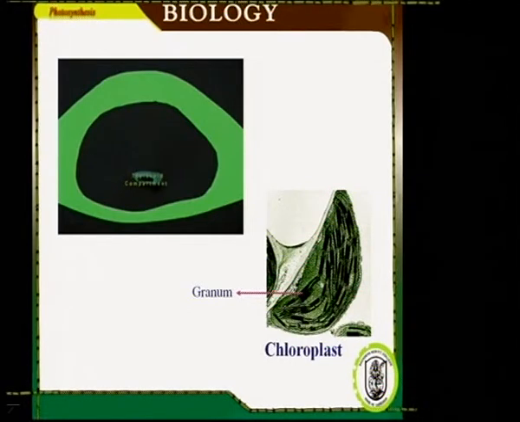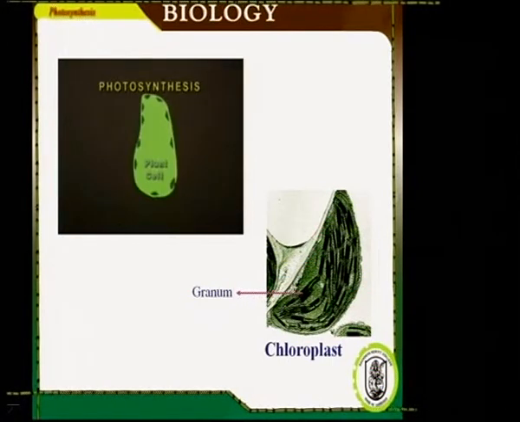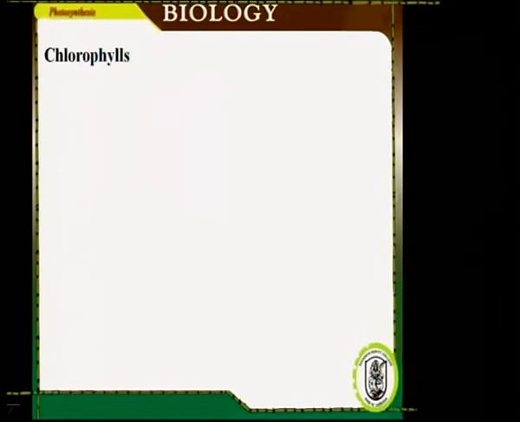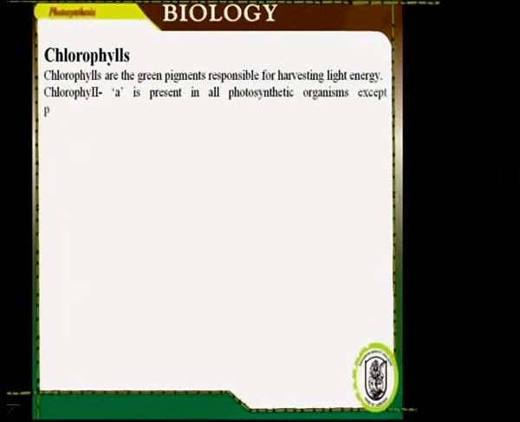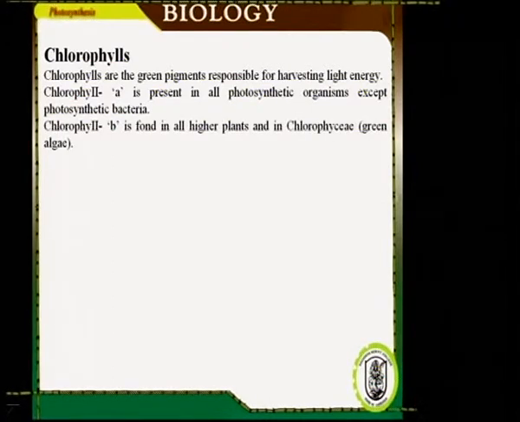The chloroplast has pigments called chlorophyll and carotenoids. The chlorophylls are responsible for harvesting the light energy. Chlorophyll A is present in all the photosynthetic organisms except the photosynthetic bacteria. B is restricted to higher plants and green algae.